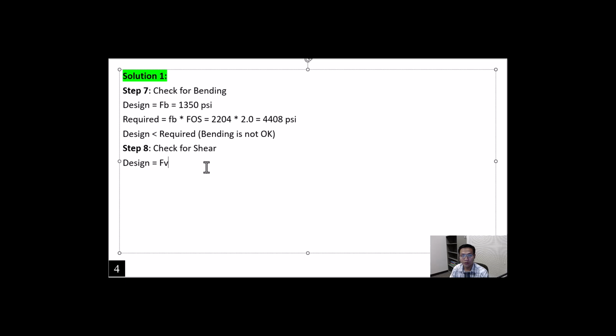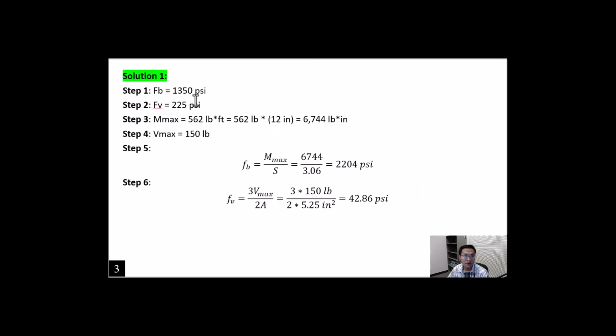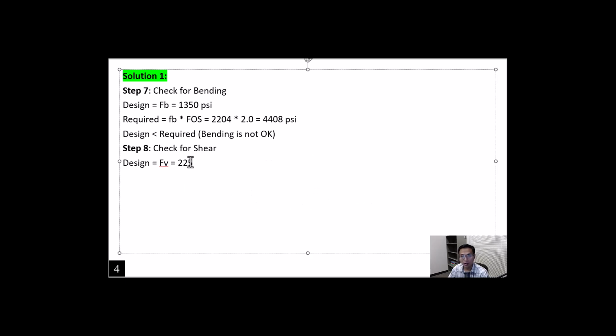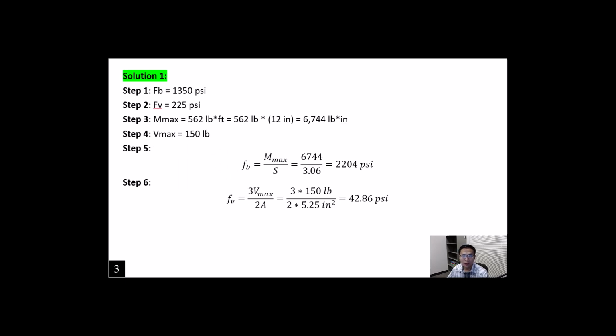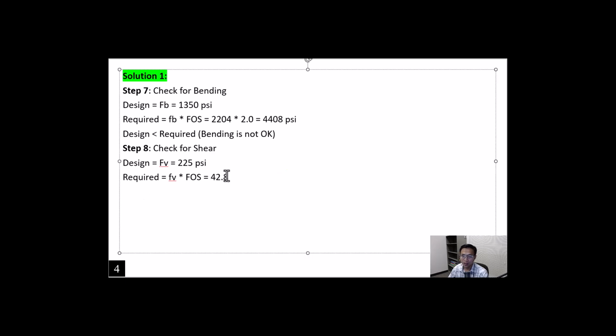FV will equal to what we calculated previously, 225 psi, and required will equal to small fv multiplied by FOS, equal to 42.86. 42.86 multiplied by FOS, it will equal to 85.7 psi.